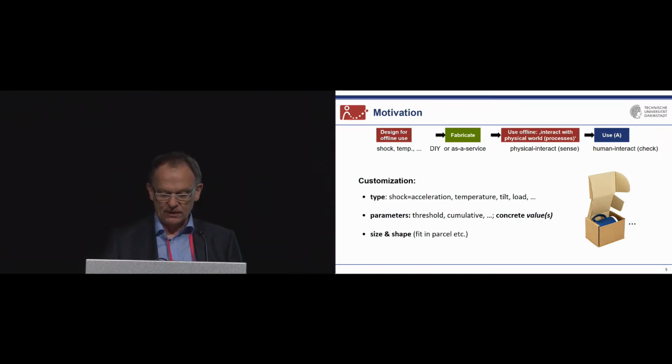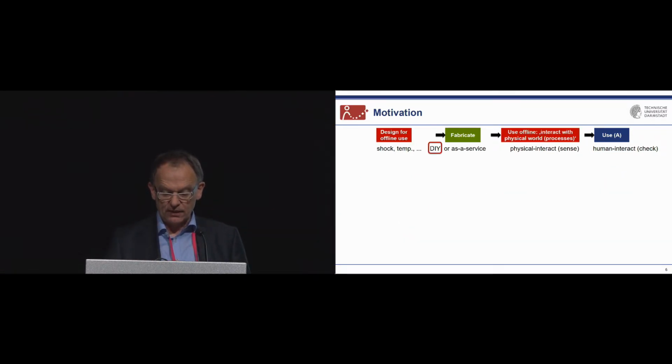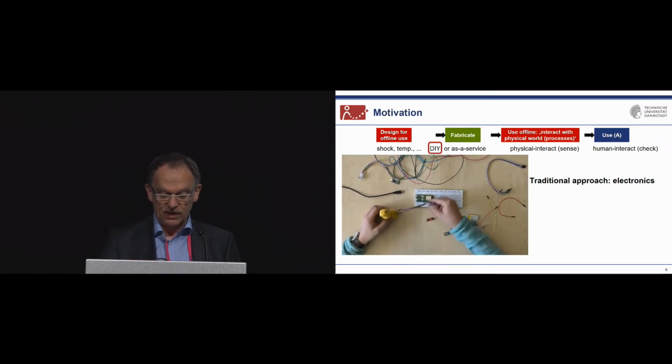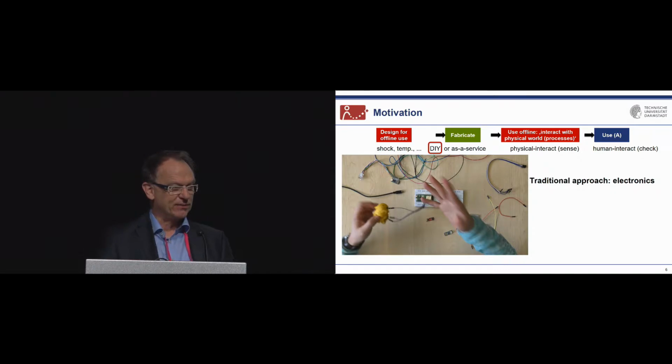Well, now let's look at the more traditional way of doing it using electronics. We might look at the DIY version of it, and then the traditional approach, of course, applies different kinds of electronics and assembly, and we have all gone through these tedious processes here that you have seen.